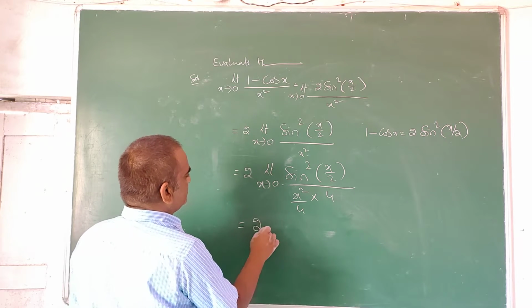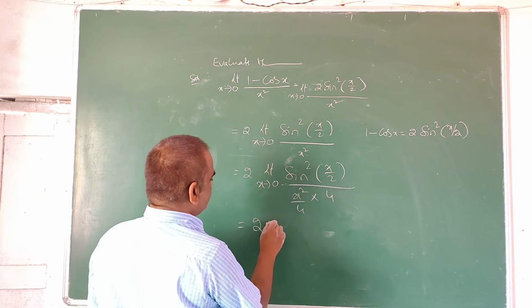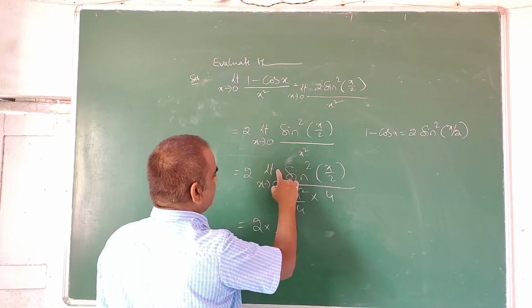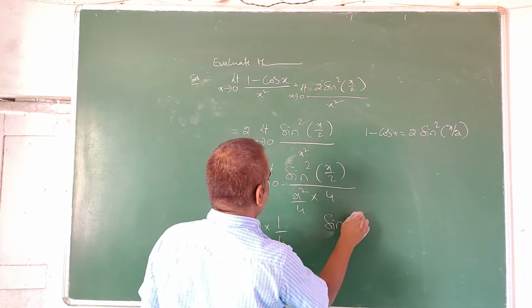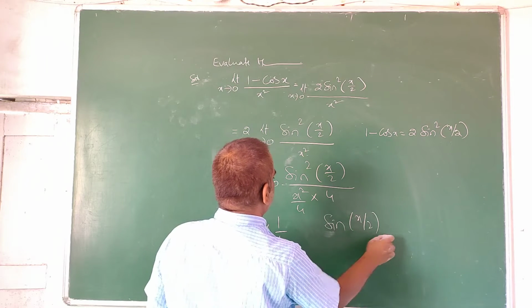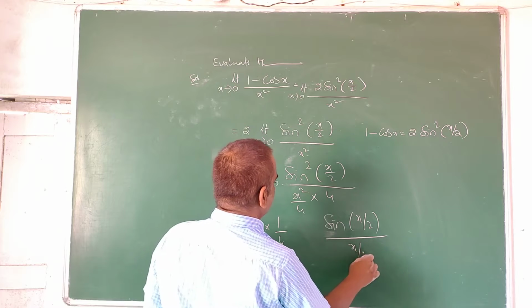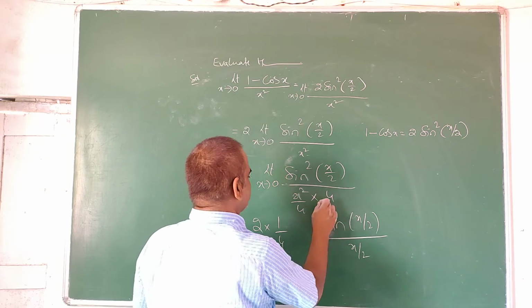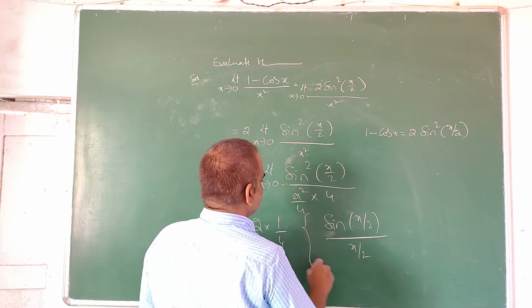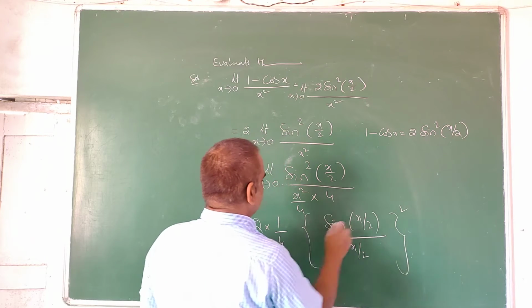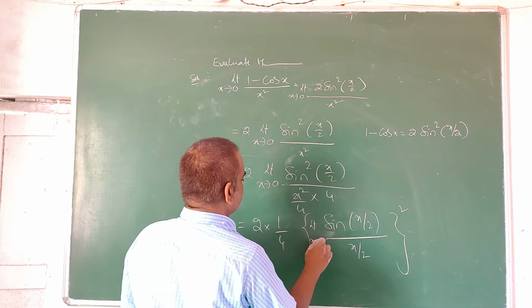It's equal to 2 into 1 by 4, which is constant and can be dragged out. Now this is sin x by 2, and x square by 4 can be written as x by 2 whole square. Both are having squares, so on the whole you can put one square, like a whole square, limit x tends to 0.